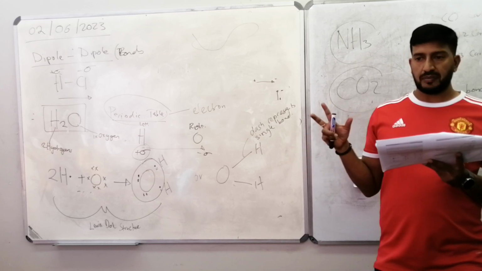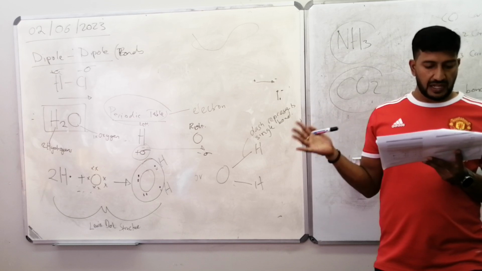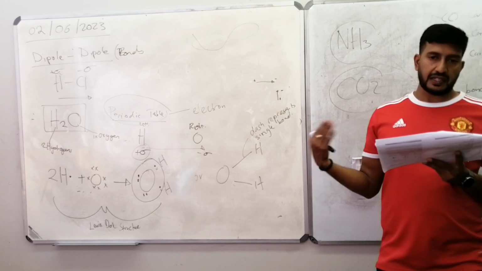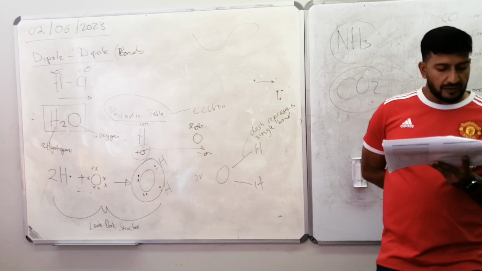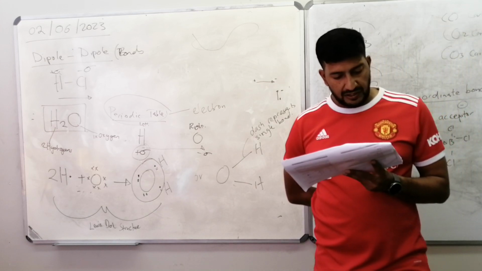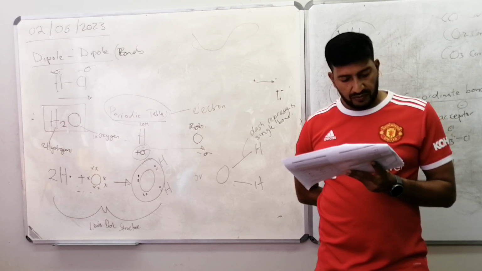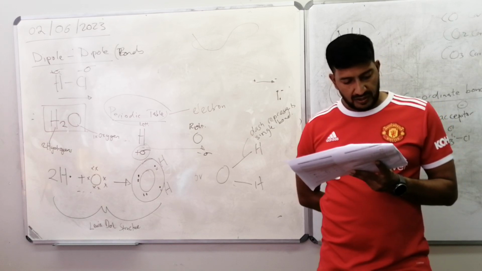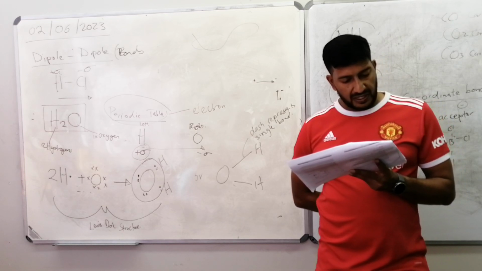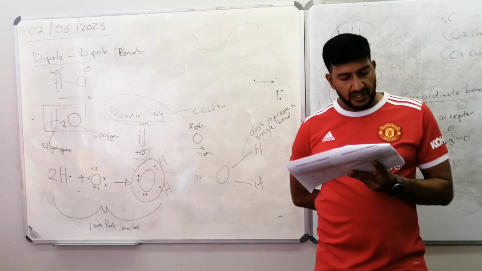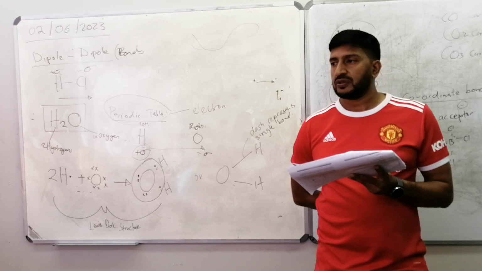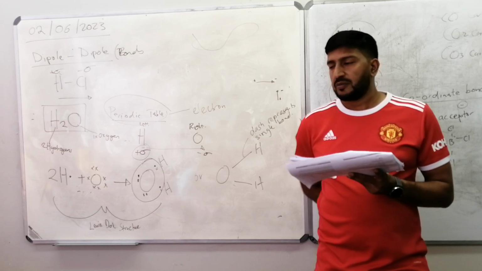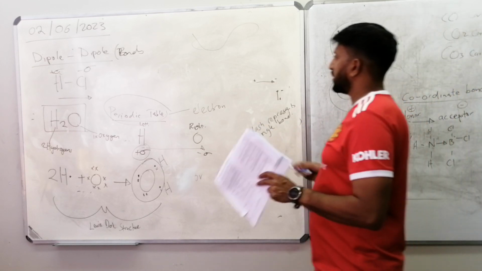The positive part is NH4 plus, and the negative part is Cl minus, whose formation from ammonia and hydrogen chloride can be considered to involve the formation of coordinate bonds. Let's look at it. Its initial state was NH3, taking ammonia and adding it to HCl. So basically this is what was happening here.